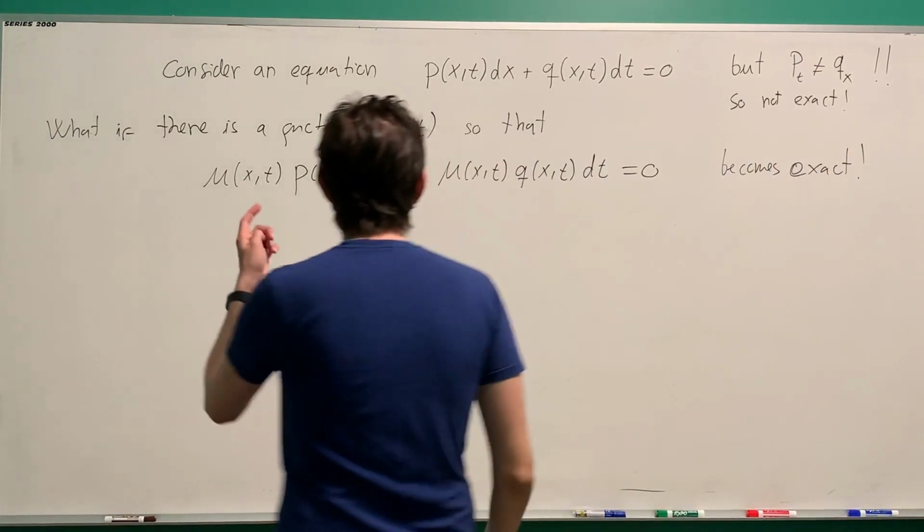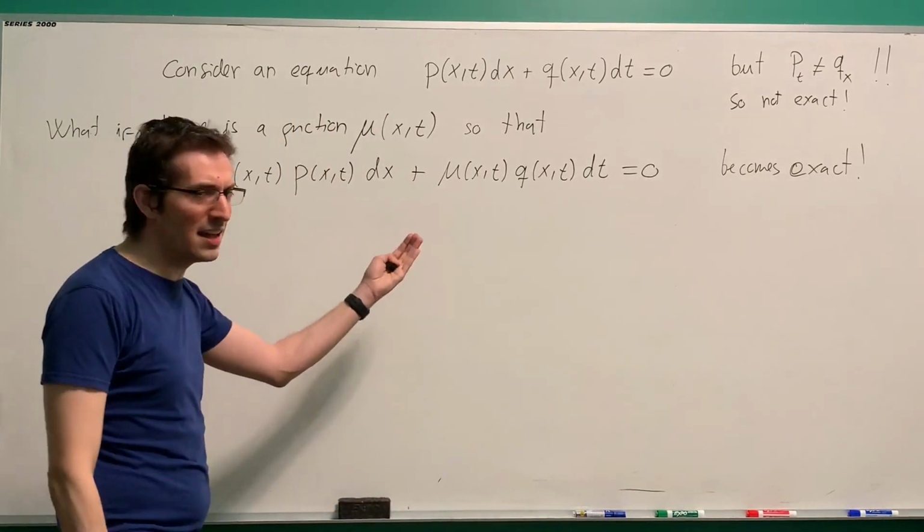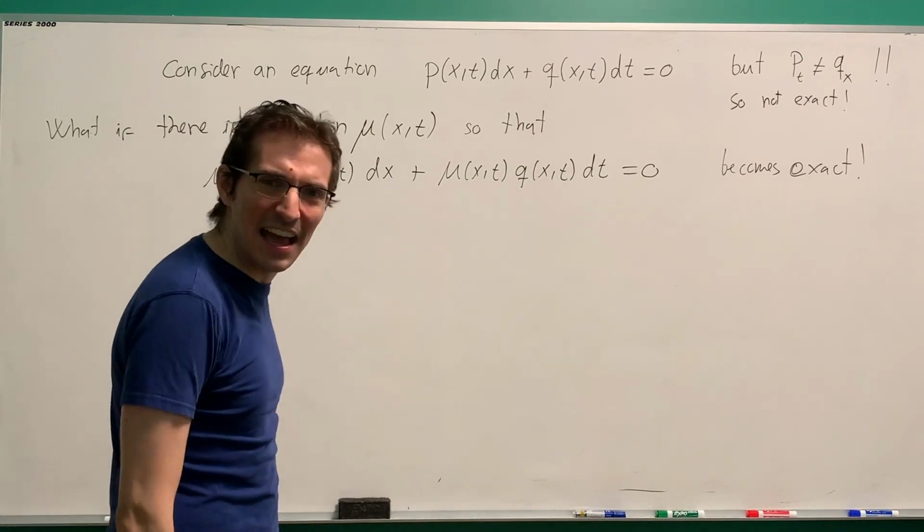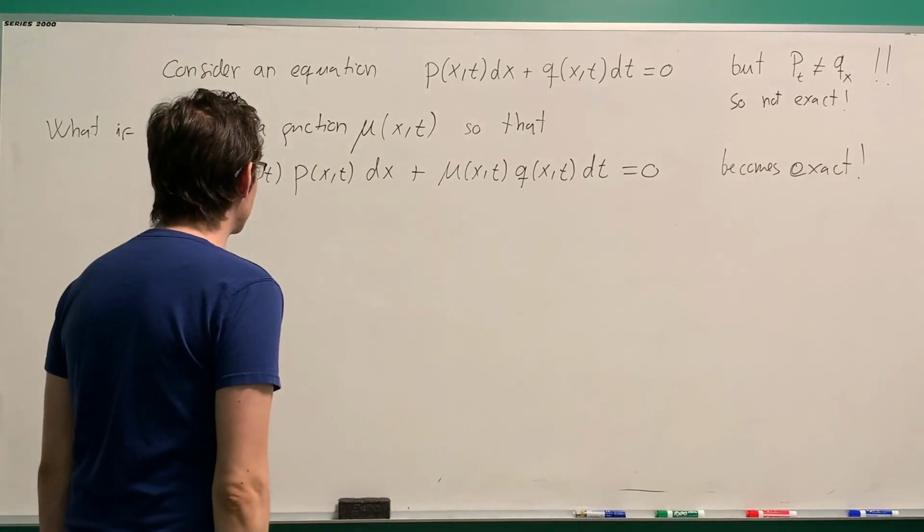So here I'm doing, what if I multiply the whole equation by something that makes this thing an exact differential form? How is that?